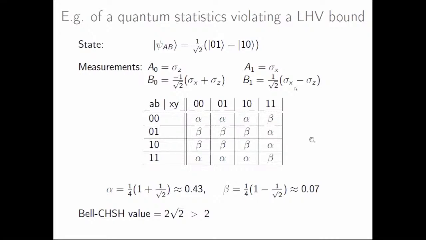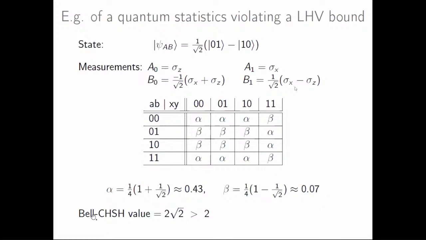So the whole thing started with whether there can be a local hidden variable description of quantum statistics. But then one immediately sees that if one shares an entangled state, for example a singlet state, and Alice and Bob choose the quantum measurements as follows, then the probability distribution one gets on measurement XY, outcome AB, is of this form, where alpha is this number, 0.43, beta is this number.